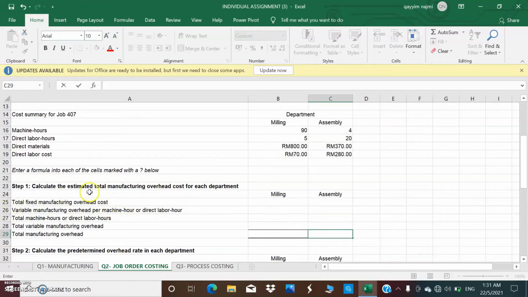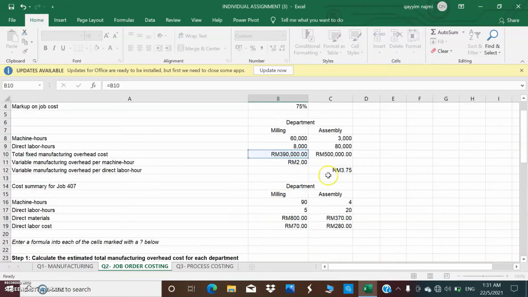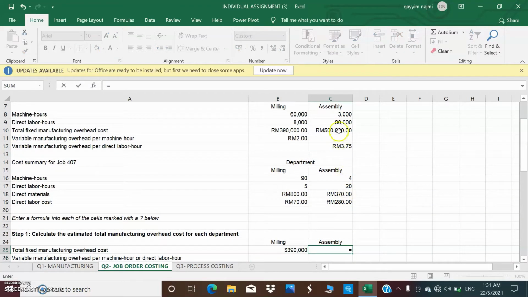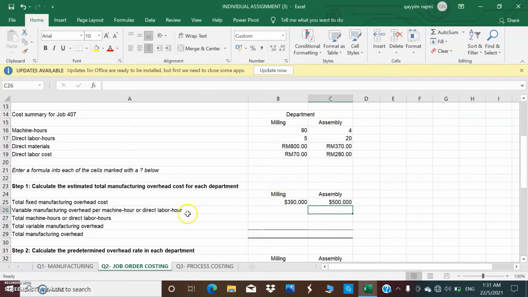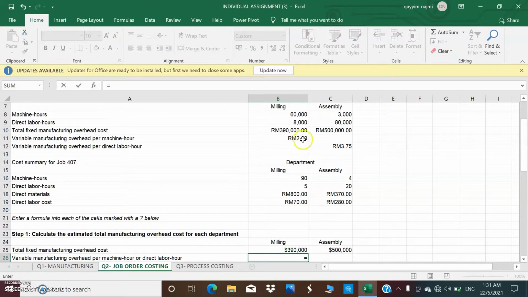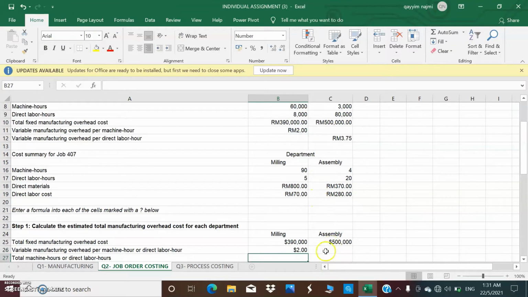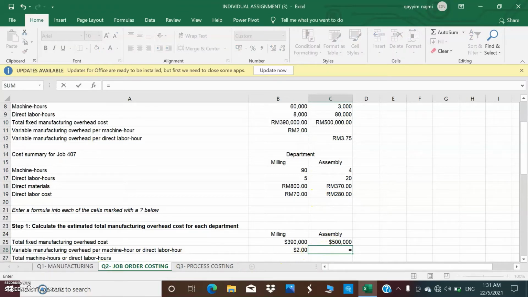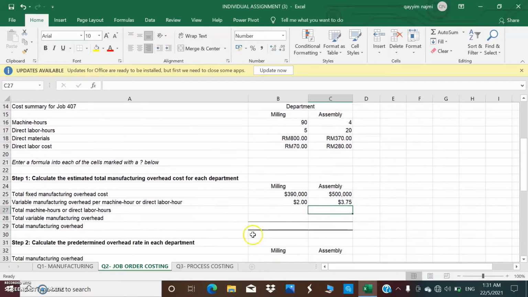Step 1: estimate the total manufacturing overhead cost for each department. The total fixed manufacturing overhead cost for milling is 390,000, and for assembly is 500,000. The variable manufacturing overhead for milling, on a machine hour basis, is 2 ringgit, and for assembly, on a direct labor hour basis, is 3.75 ringgit.